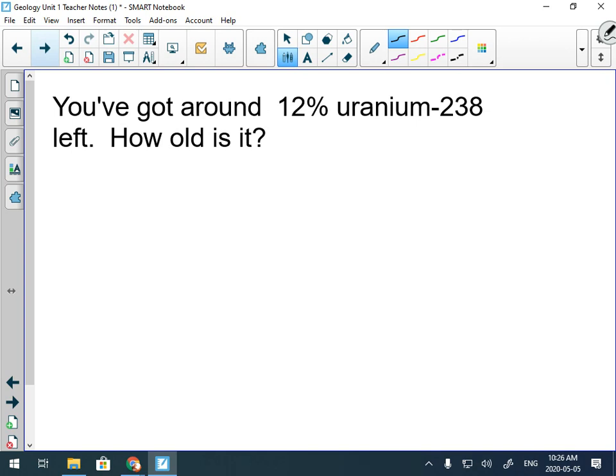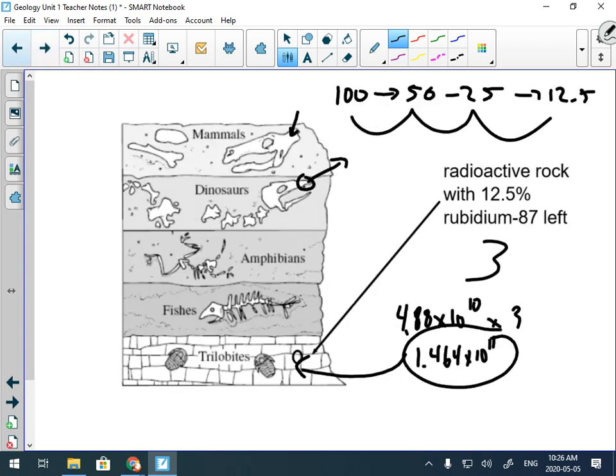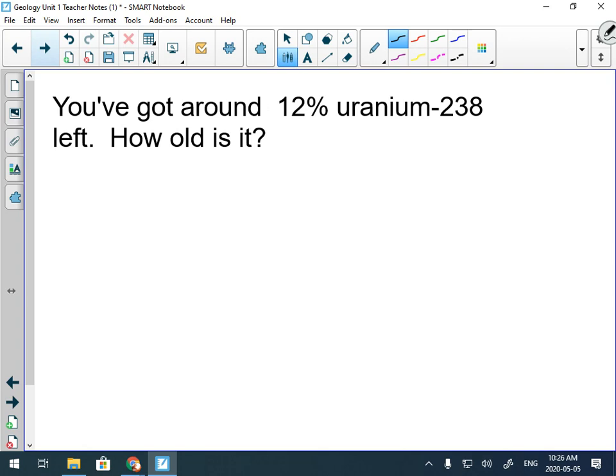Okay. So let's say we got around 12% uranium-238 left. How old is that? Well, we just figured out in this last question that around 12% is 3 half-lives. We check table 8 in our book for uranium-238, and we find that its half-life is 4.47 times 10 to the 9.